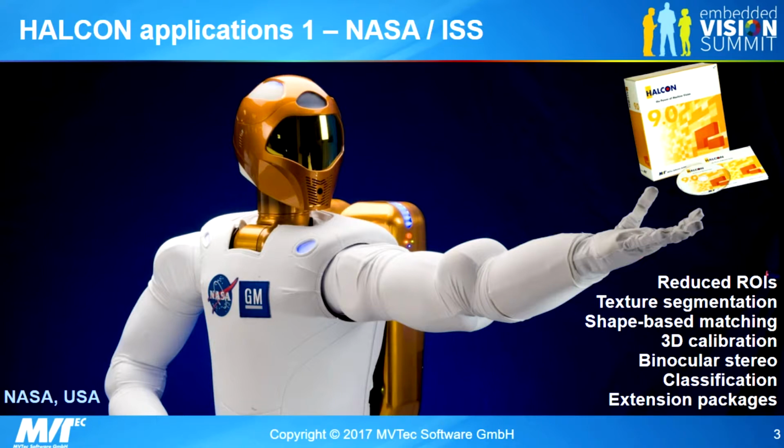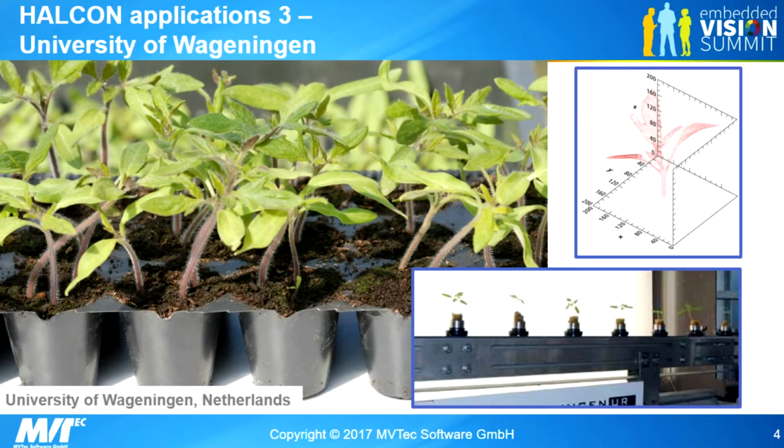Another application we took from, this is quality inspection, you want to say so, but this has been done in an agriculture environment. We have to see that tomato seeds are produced on a very large scale in this world.